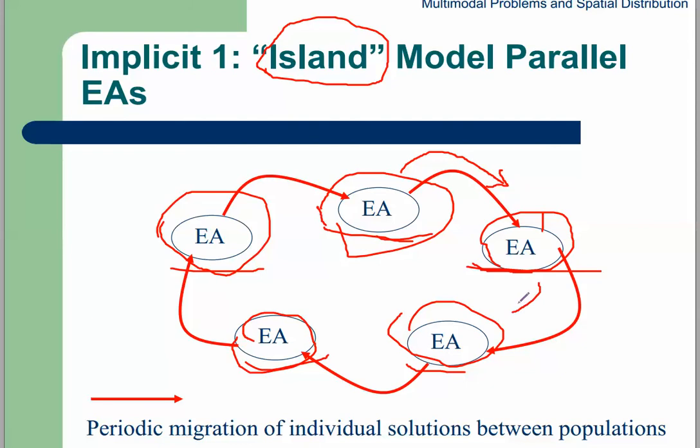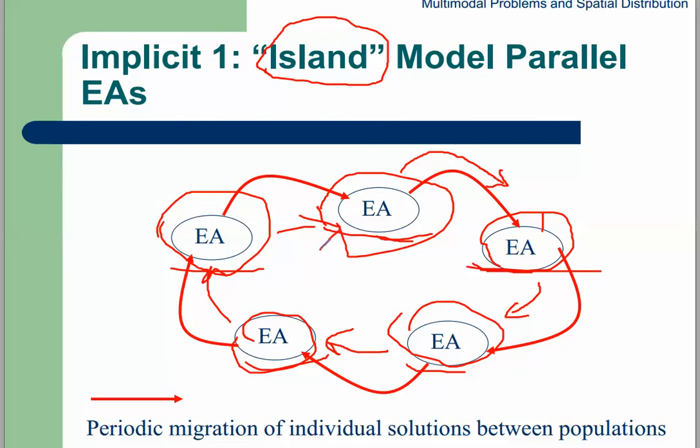For example, from this island to this island, and so on in a circulation, which transfers some elements from one island to another. It causes diversity to stay high.